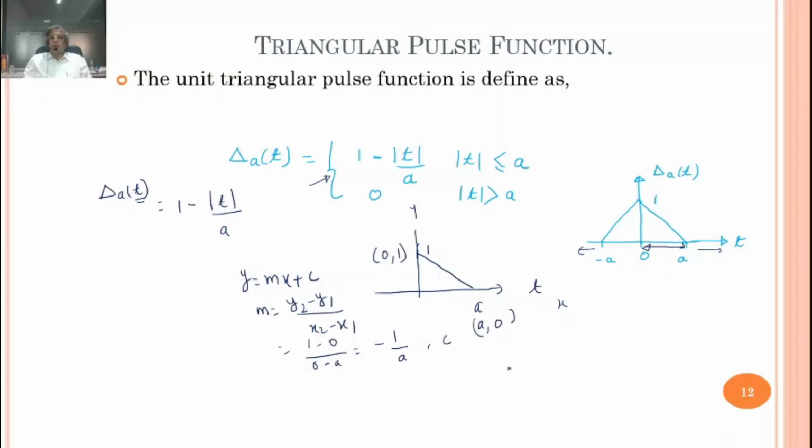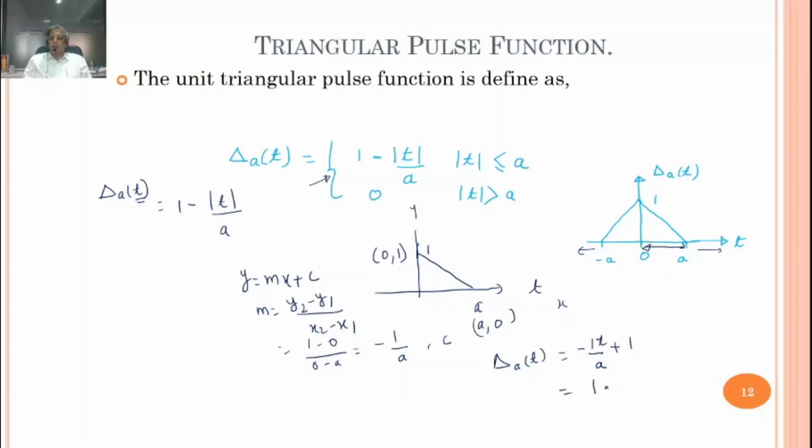So we write the equation of this line, where the x-axis is the time axis. m is the slope, minus 1 by a, and the intercept is 1, and x is t.